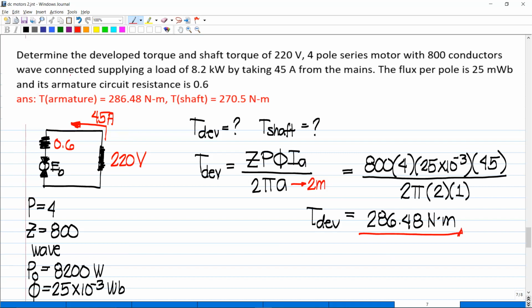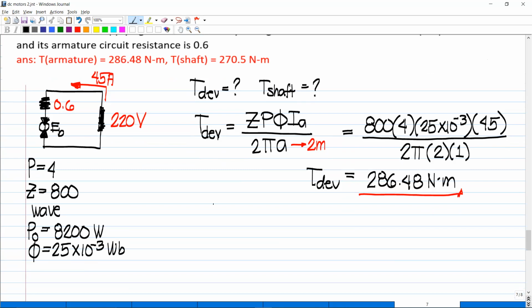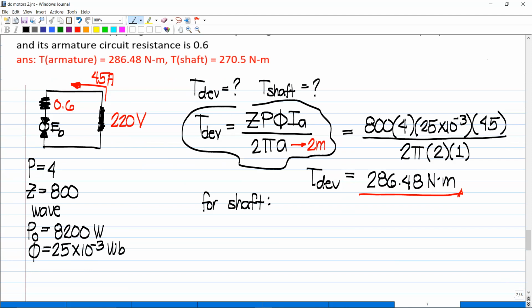Next, kung pupunta naman tayo ngayon sa shaft, no, for the shaft, paano natin to isosolve? So ito, engineers or students, yung formula na ginamit natin dito, that is for the armature. No? Ngayon, paano naman kapag sa shaft?